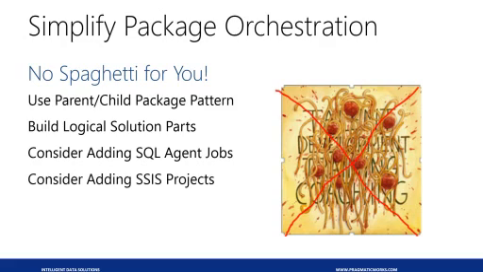We can have a master package that's going to call multiple child packages and work through orchestrating the package orchestration from that level. That may lead to creating more SQL Server Agent jobs that call specific master packages, or maybe you want to consider adding new SSIS projects themselves to help split out the work and really draw lines between the solutions.